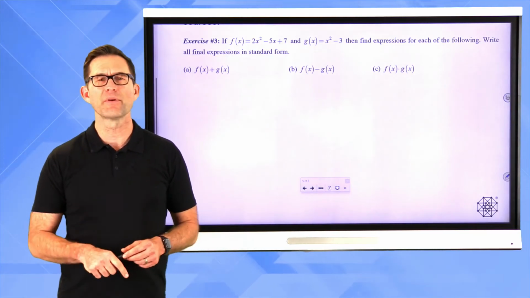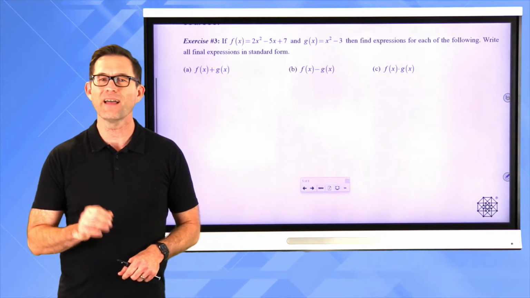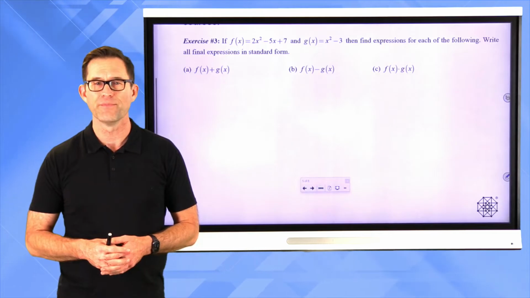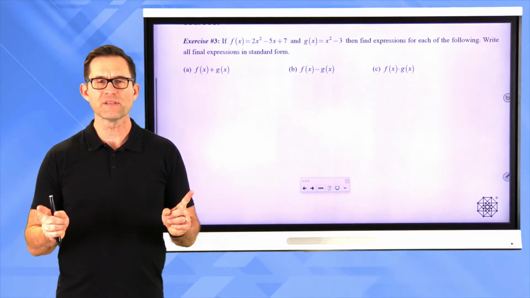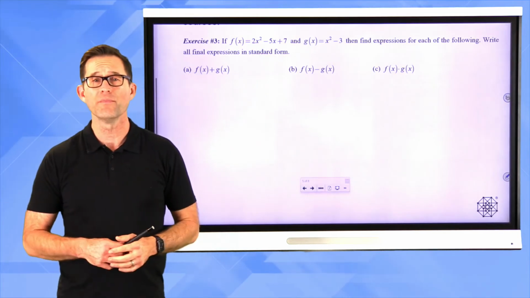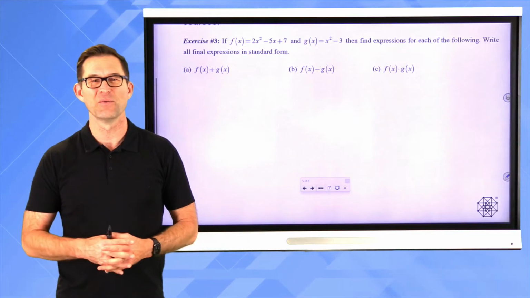A little bit trickier because of the subtraction. And letter C asks us to do f of x times g of x, which is definitely the most complicated of the three. Here's what I'd like you to do. Pause the video right now and see if you can do A and B on your own. We'll go through them. And then maybe we'll go through C together. Pause the video now and see what you get.